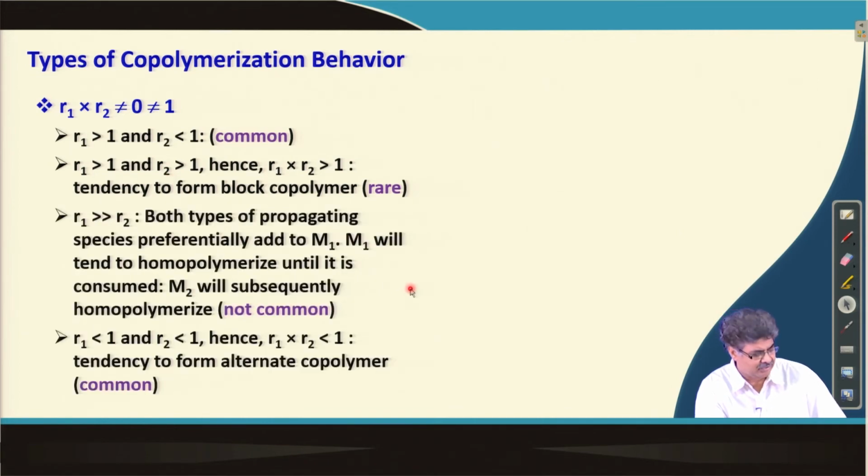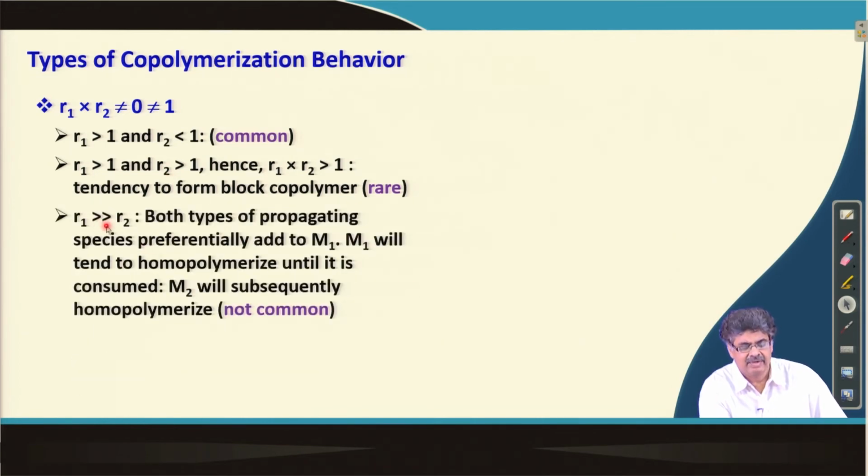The third possibility is where R1 is very high compared to R2, or vice versa. In this case, both the propagating species preferentially add to M1, because R2 is very much lower compared to R1. So, both the propagating species, M1 star as well as M2 star, preferentially add to M1.